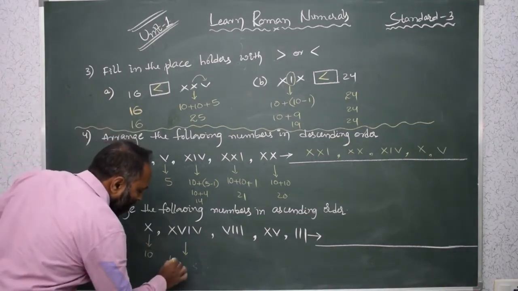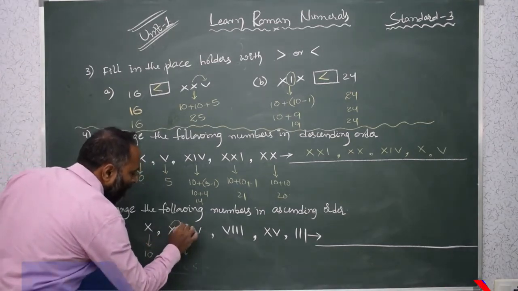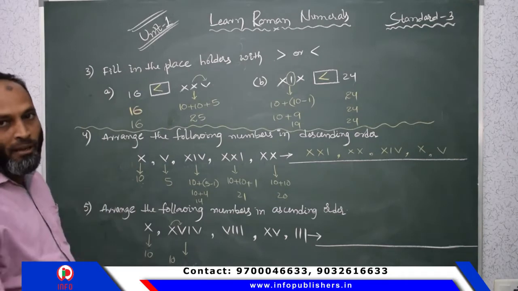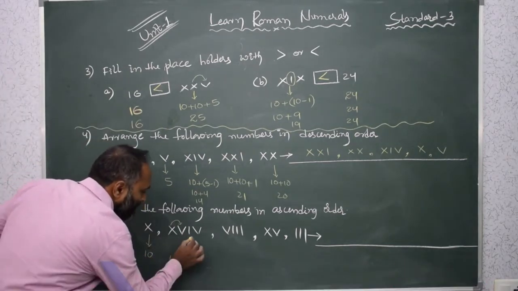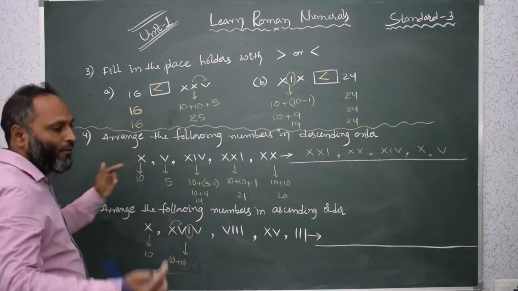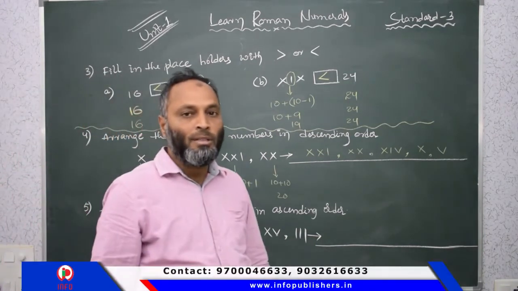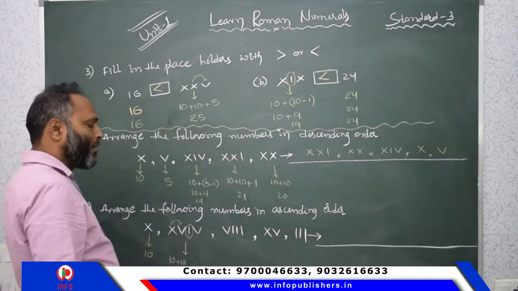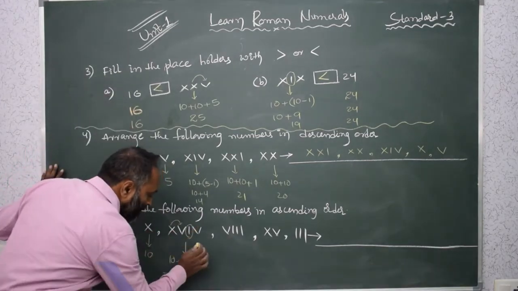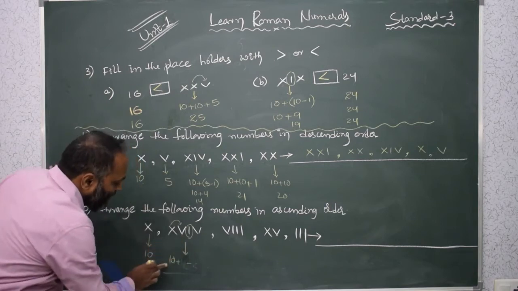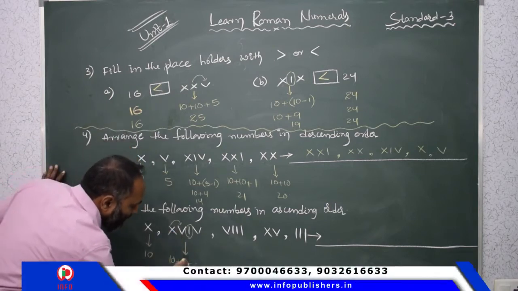X means 10. A smaller Roman numeral after a bigger Roman numeral, again we have to add. And this smaller Roman numeral is in between the 2 bigger Roman numerals. This is 10. V means 5.